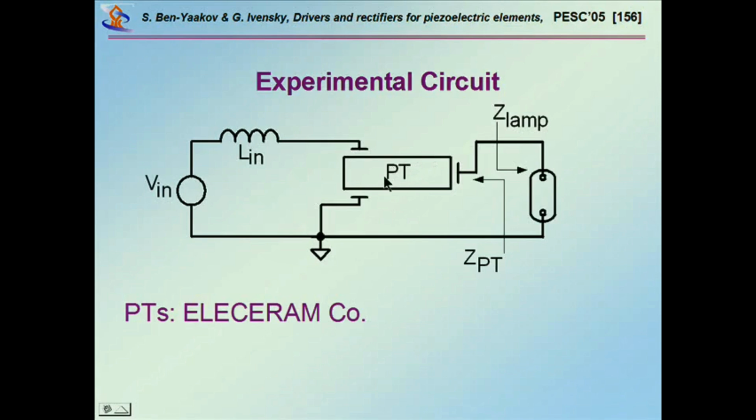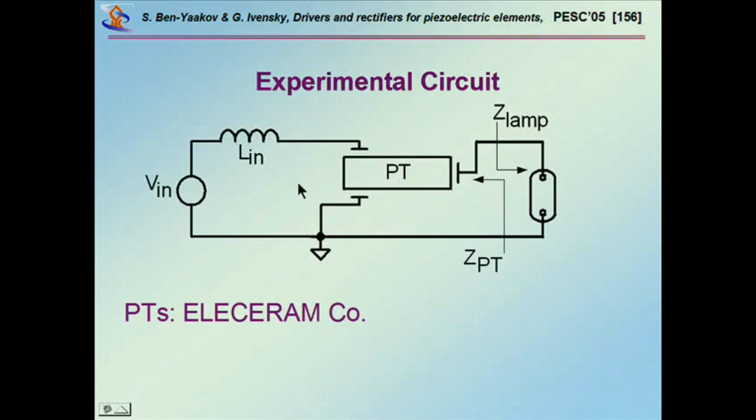Because, for example, if you are at around the resonant frequency, this is a short here, so you see more a voltage source than a current source. And no wonder that there's a problem here.